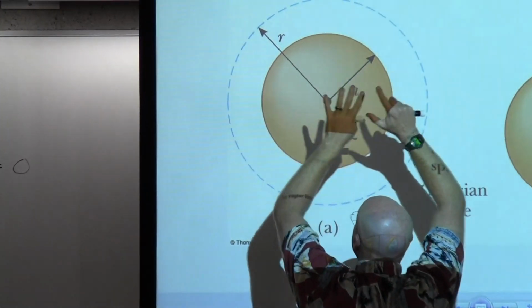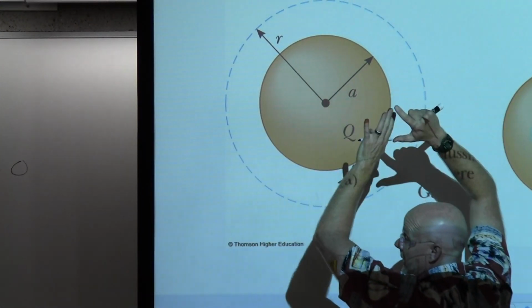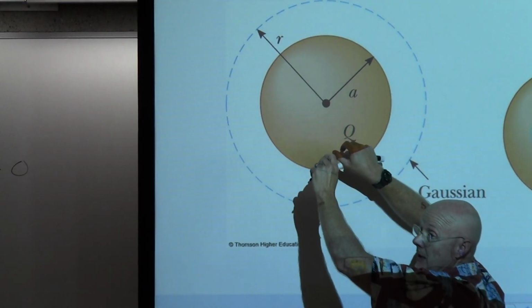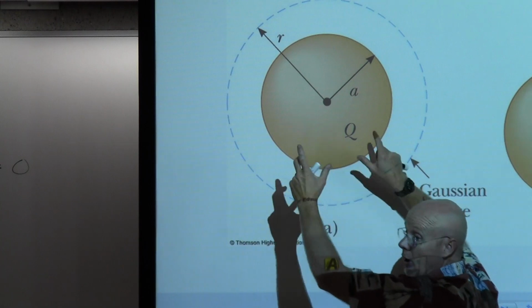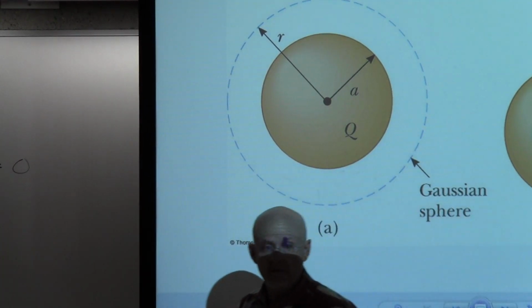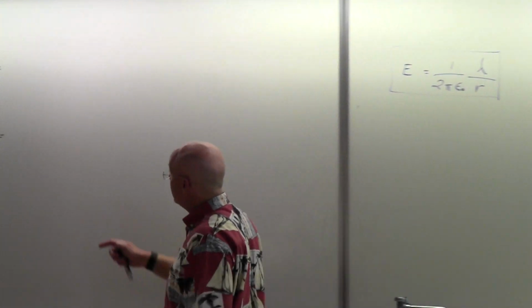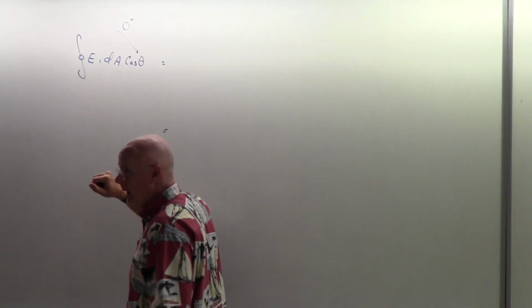This picture doesn't really show a three-dimensional picture, but remember, this is 3 dimensions, and the Gaussian surface comes out of the screen here and into the screen, and the electric field is radially outward, but also so is the area vector. So everywhere on that surface, the direction is 0.